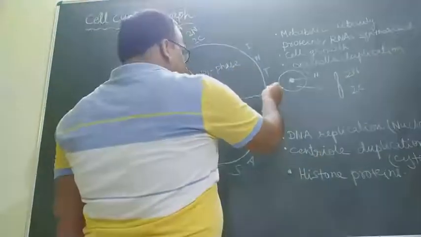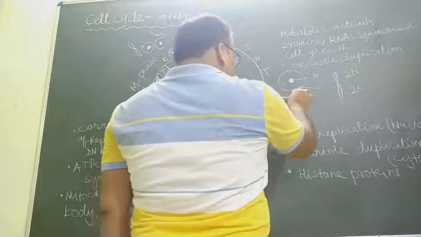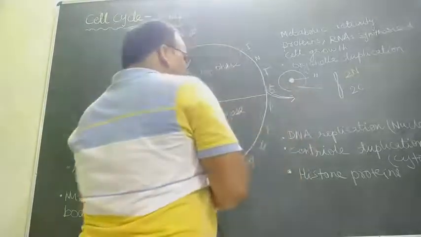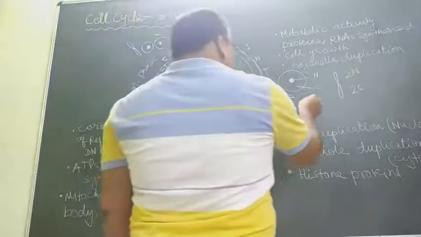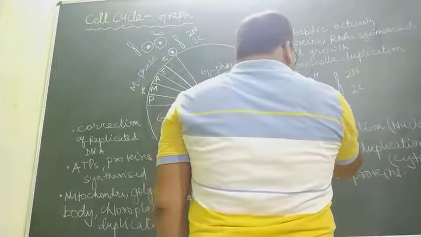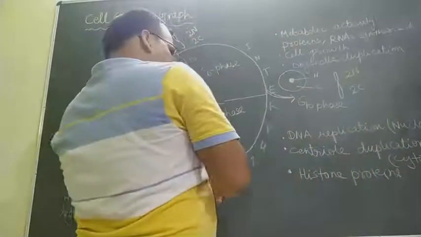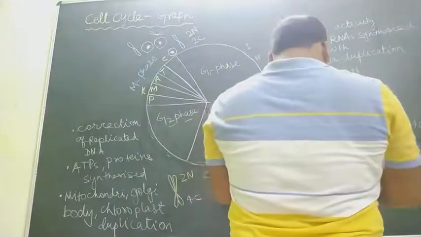So G0 phase is actually exit from this cell cycle, and we can represent it here as G0 phase. In short, it is also called as quiescent stage.